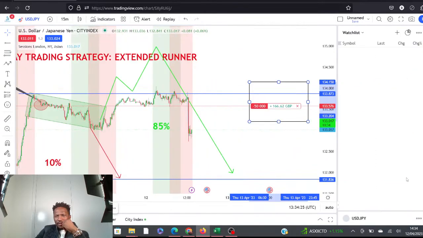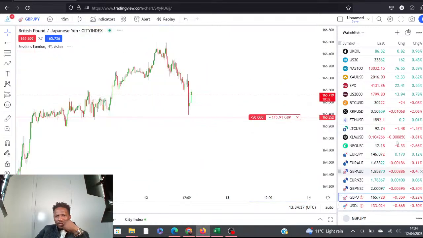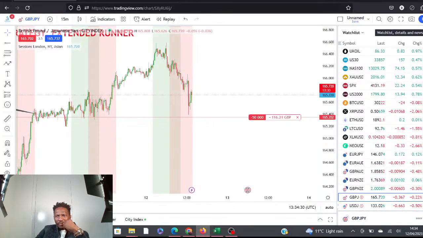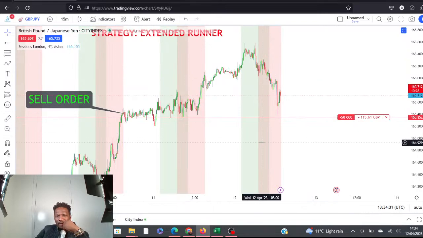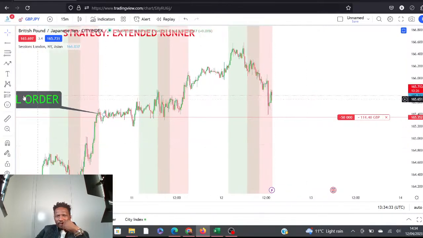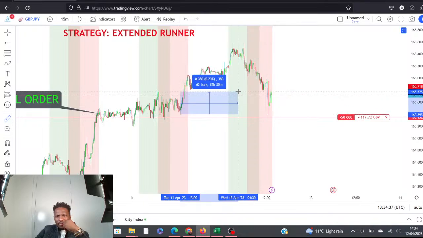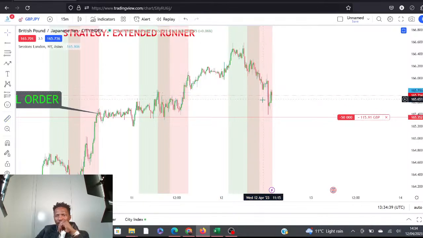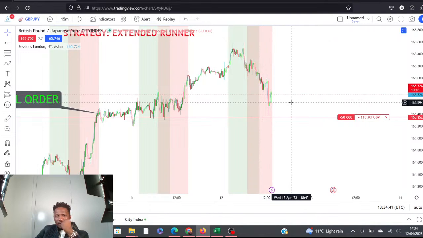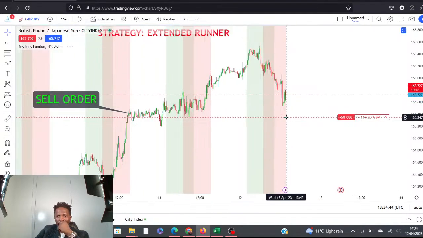The pound yen is not looking good. It's definitely not looking good. Even though, truthfully speaking, it's only down about 40 pips, so that is not too bad.